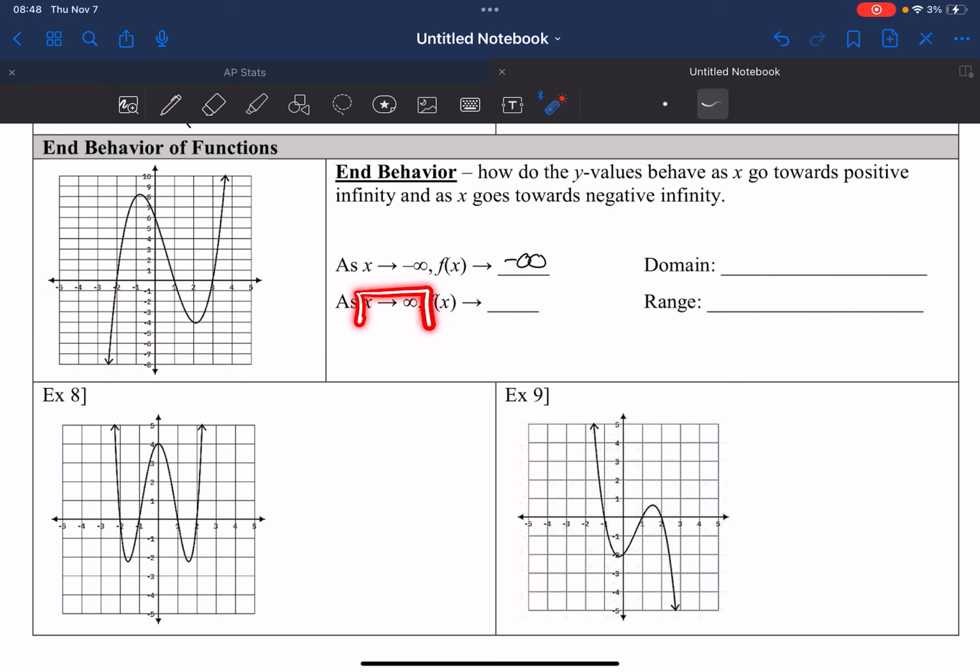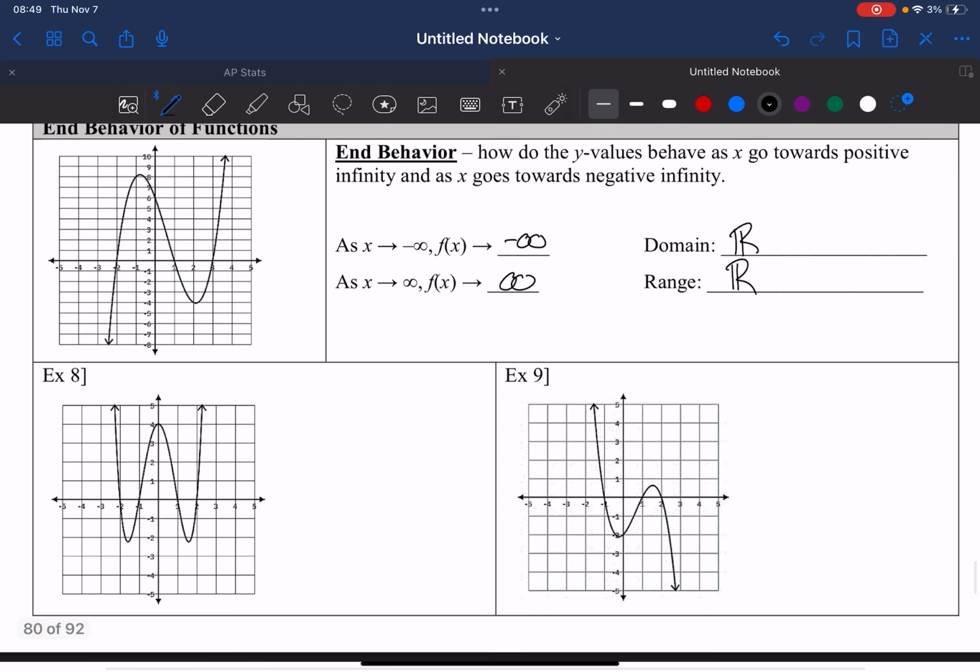Same thing as x approaches positive infinity, as it goes to the right. This is the endpoint that is now the closest, and since it's going up, we say that this is going to positive infinity. And since we have arrows going in different directions, we would say that our domain and range is both all real numbers.